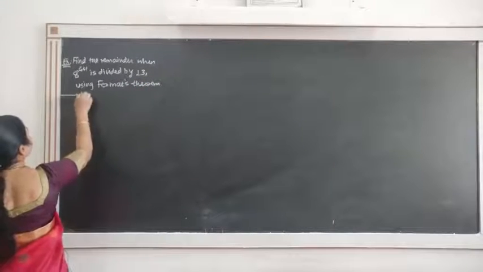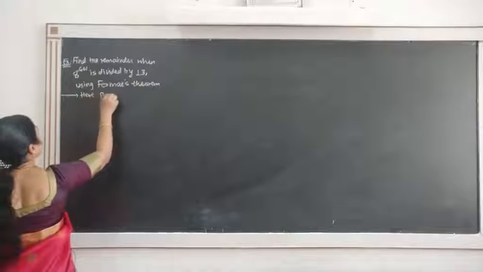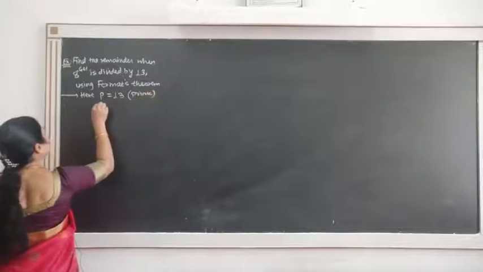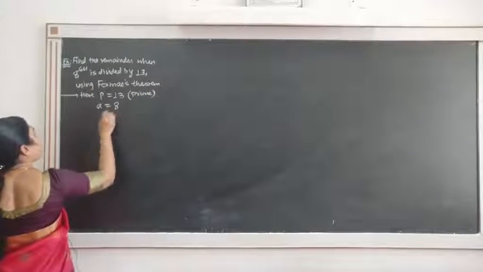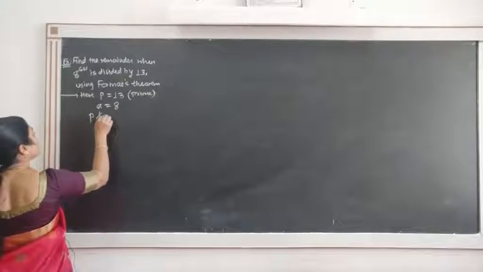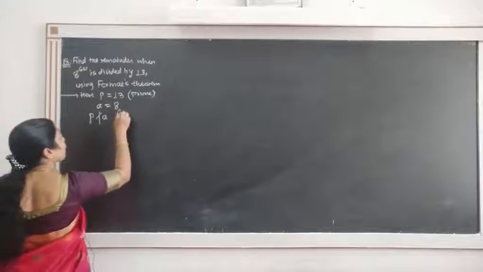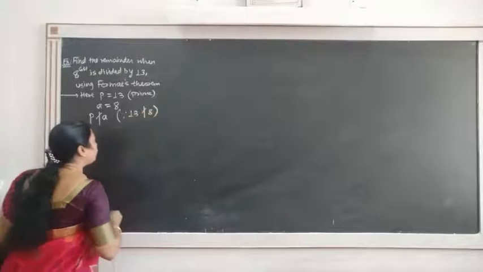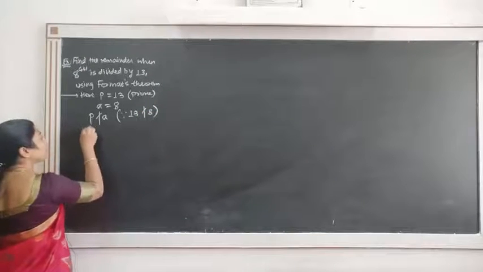So observe here, the prime number P is equal to 13. 13 is a prime, and A is equal to 8, and P does not divide A. That is, 13 does not divide 8, and therefore Fermat's theorem is applicable.